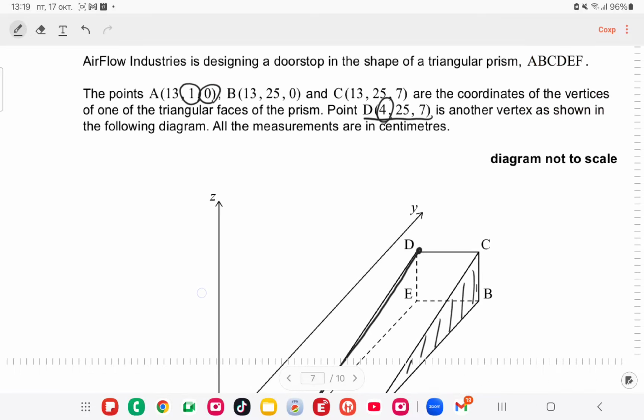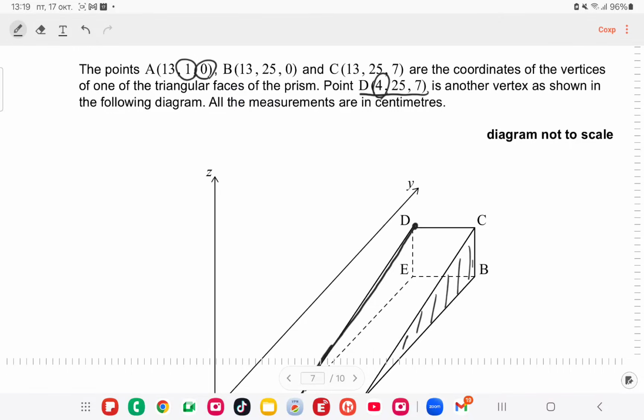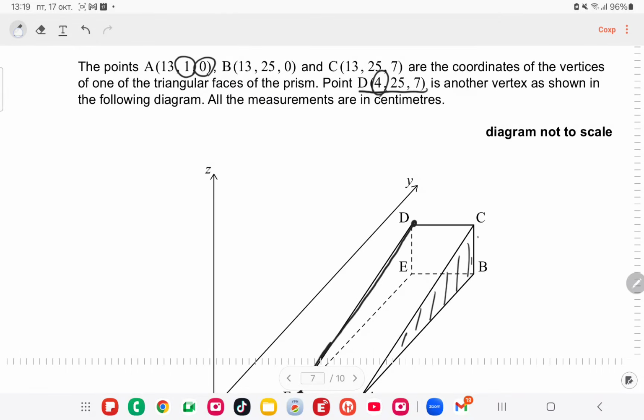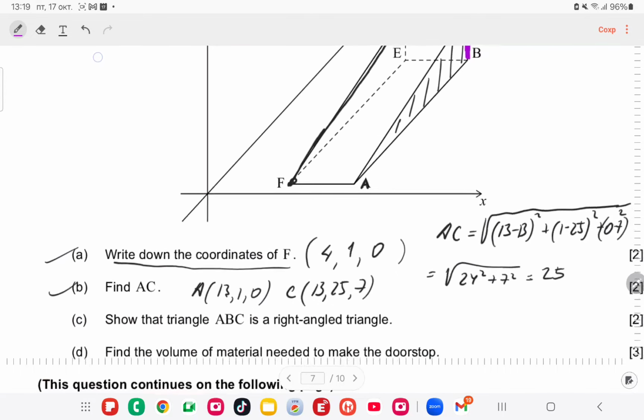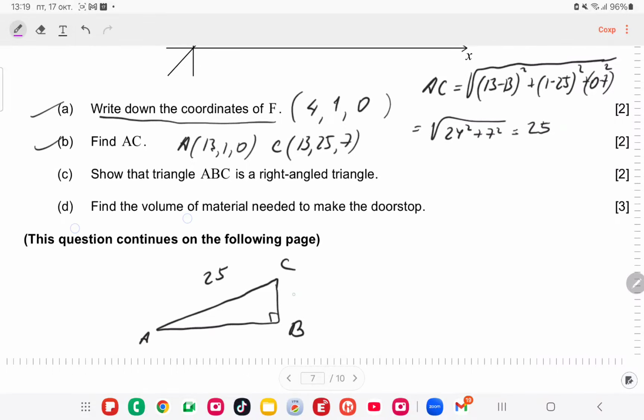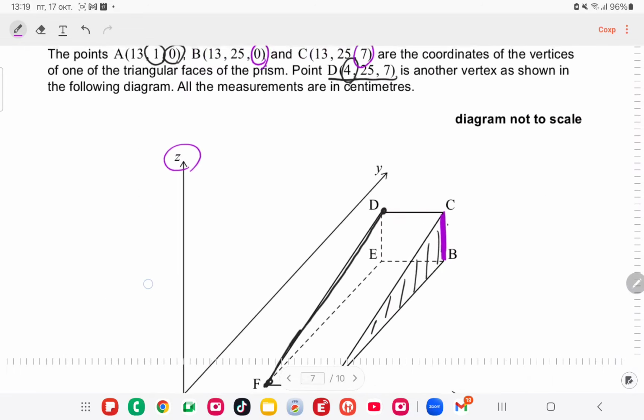And you see the side BC. How to find the side BC? The side BC is the distance from B to C. So it's a distance in z because it's vertical, yeah? So we are subtracting 7 and 0. So we have 7. So this side is 7. And we do the same for AB.